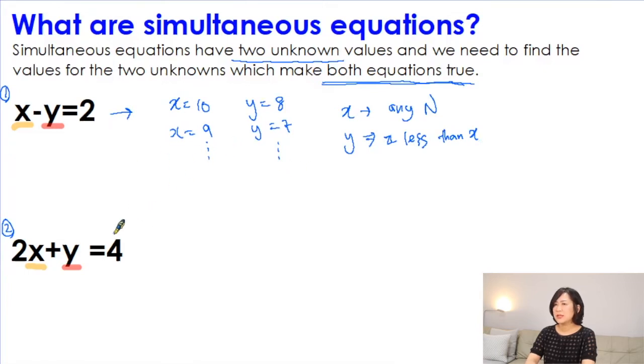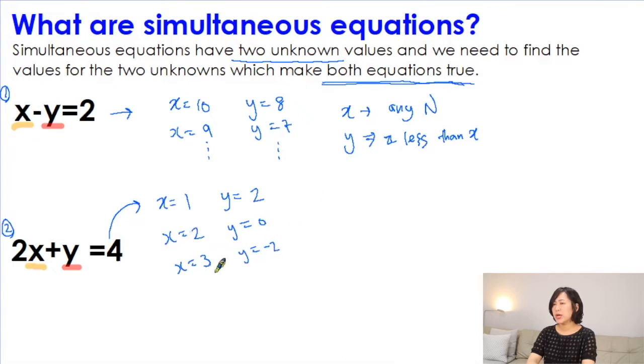Now let's have a look at another equation, 2x plus y equals 4. Let's say when x is 1, then 2 plus y equals 4, so y is 2. When x is 2, then y is 0. Then x is 3, let me find y: 6 minus 2... y is 4, so minus 2.